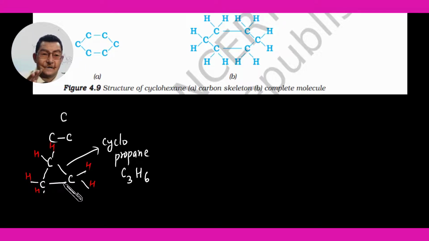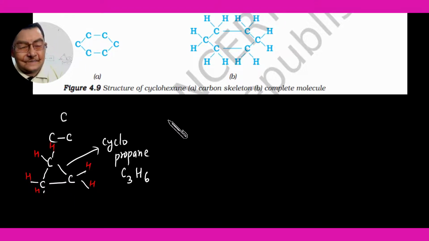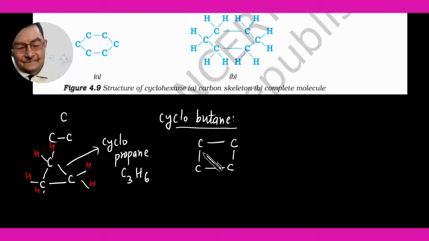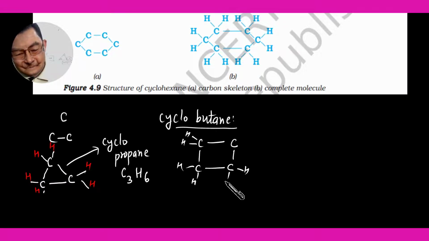Let's talk about the next structure, like cyclobutane. How many carbons does it have? It has 4 carbons like this. 1, 2, 3, 4 carbons. Now let's complete the valencies. HH, HH, HH, HH.